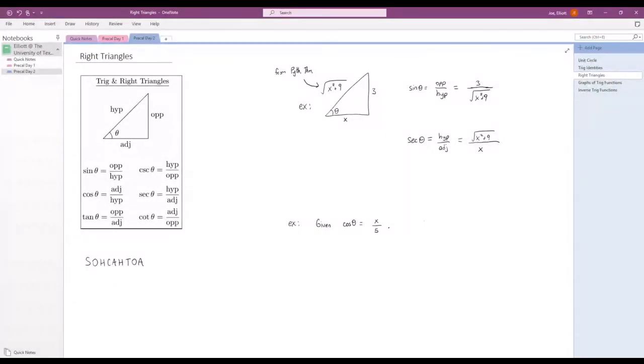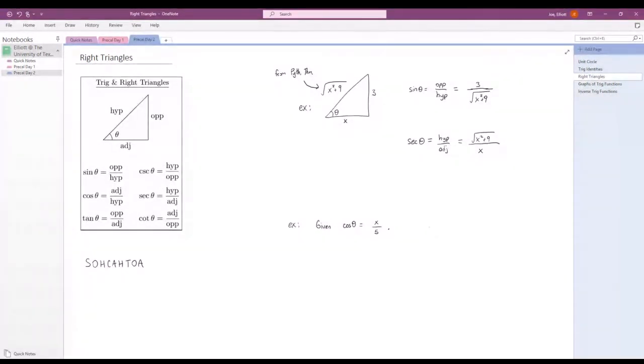And let's say we want to find the values of, I don't know, let's do sine and tangent.